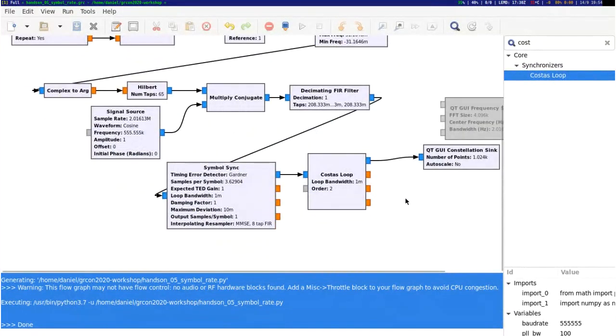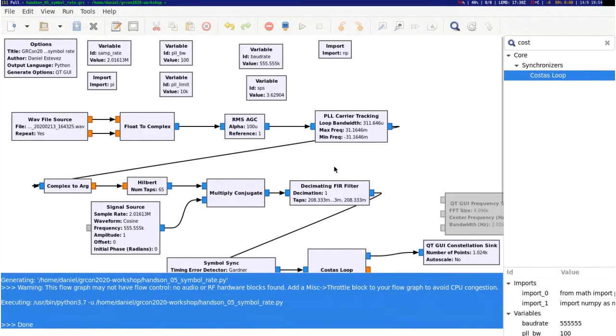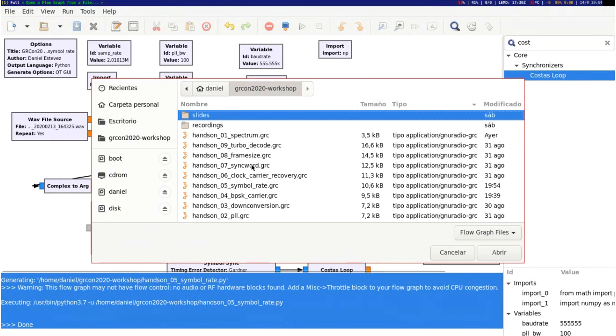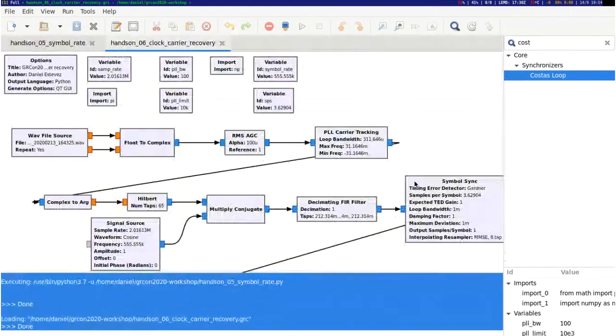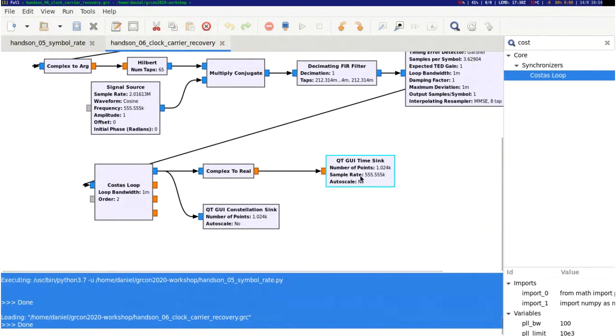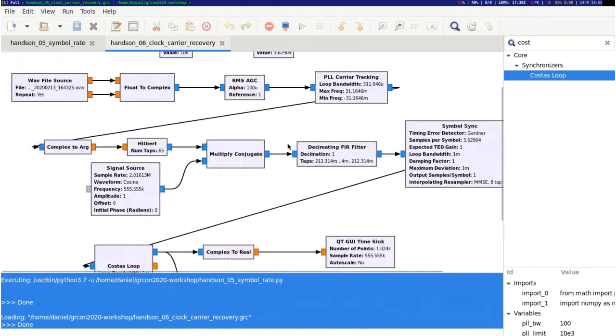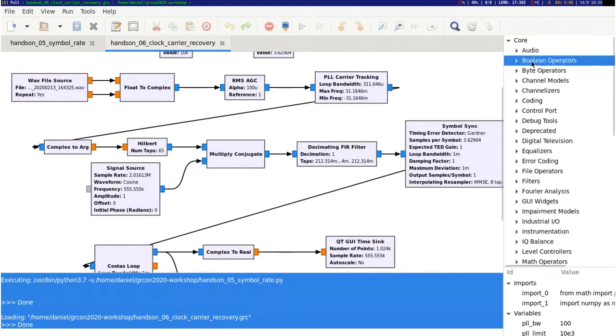All right. Another thing which is good to use, but this I'm going to probably fetch from here, is the Qt GUI time sink, which lets us see the symbols like so. Let me insert the throttle block.